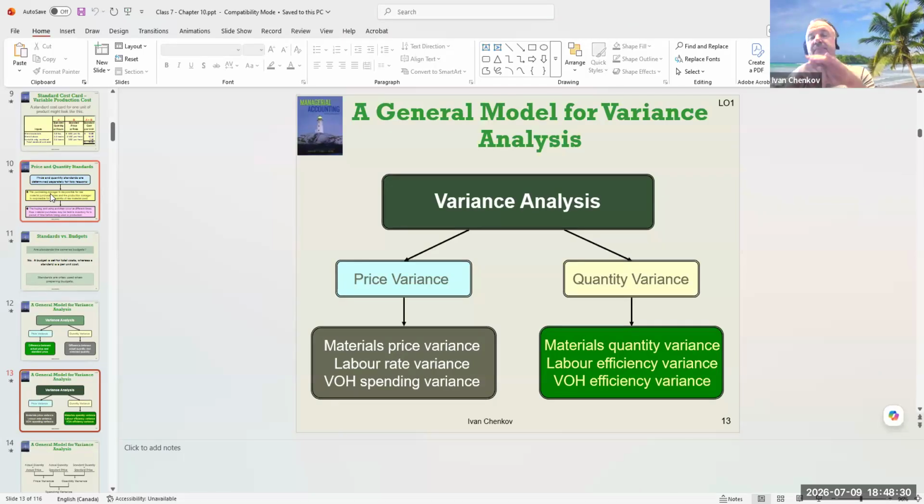For the overhead, again, we're going to have the spending variance for the rate change and efficiency variance for the allocation base change.